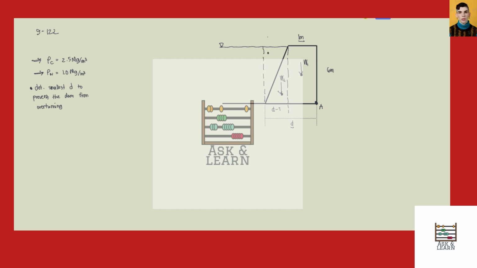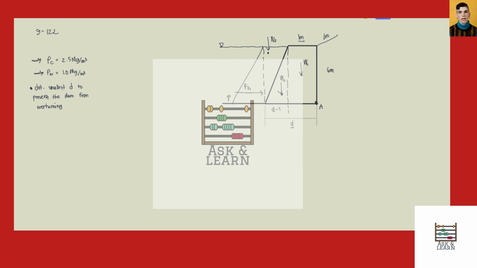So we have a downwards weight of the water, let's call it weight 3, and the water pressure. So we have a horizontal resultant of this water as F of H. And take note that we will only analyze a 1 meter strip of this gravity dam.